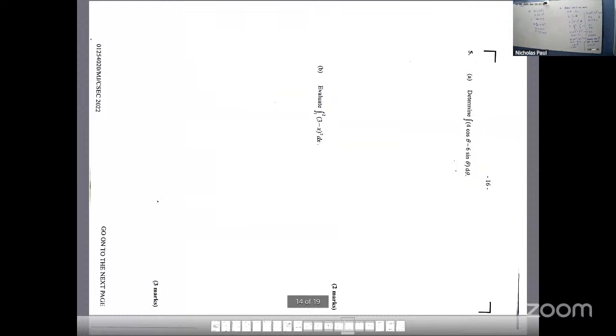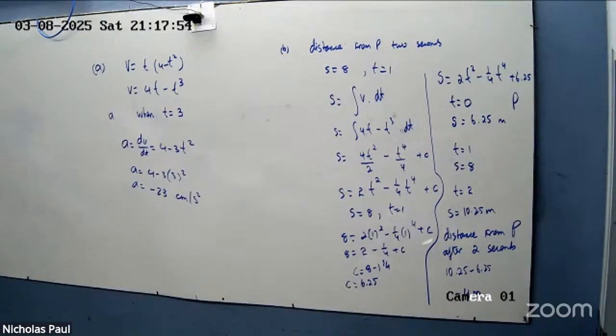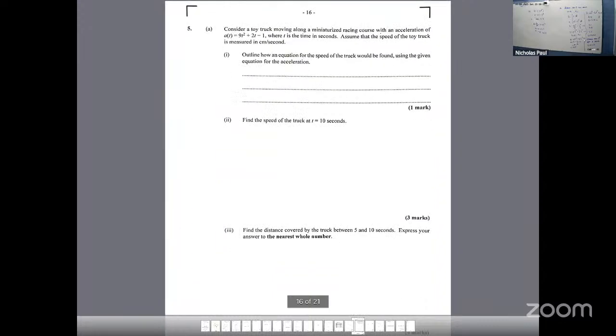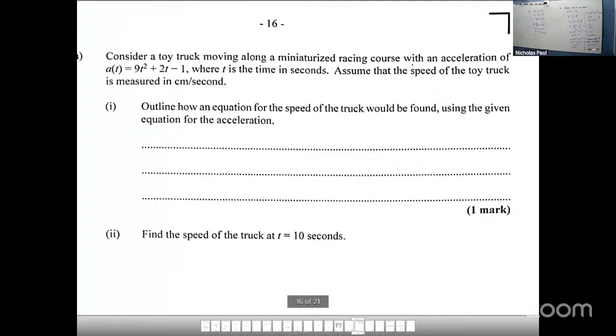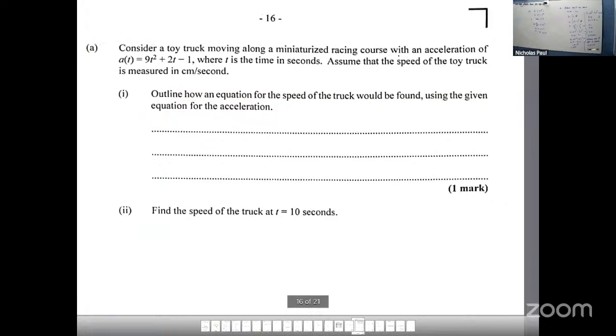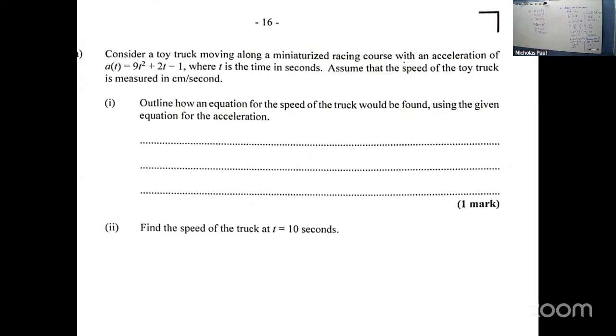Oh gosh. Y'all see that? Let's try this one here now.